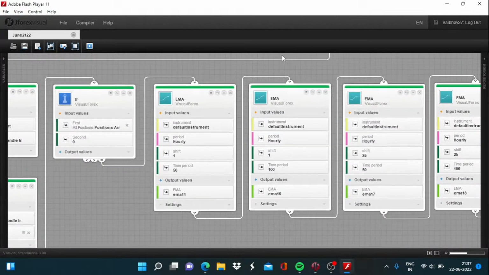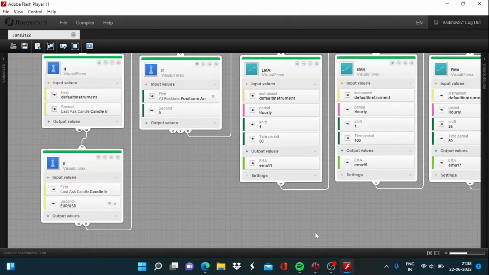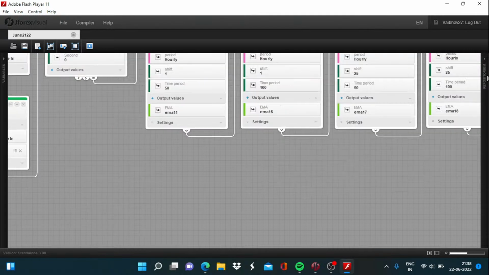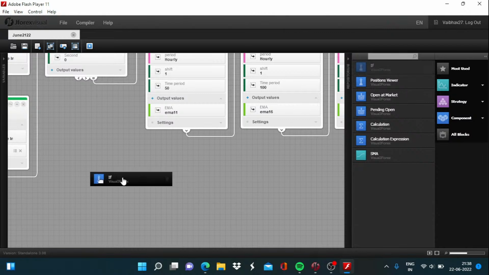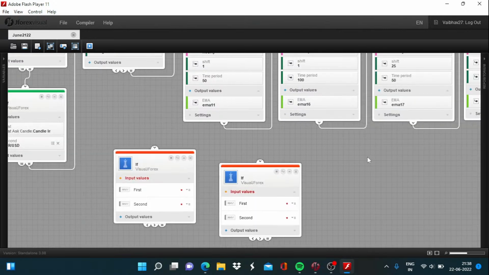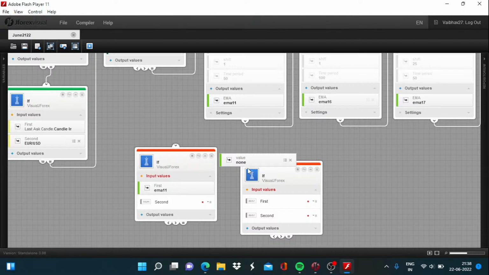So for that, I am going to first define the conditions involving the EMA output values, and here we need to define the crossover. So for that, I am going to take two of these blocks, the EMA 11 and EMA 16.